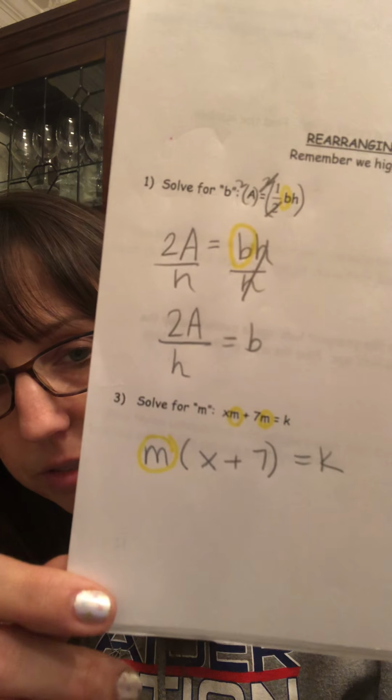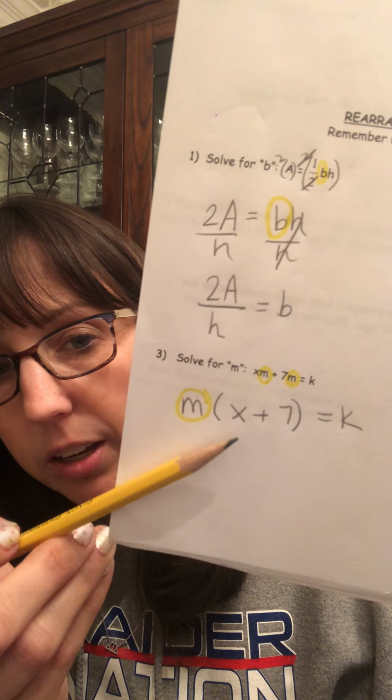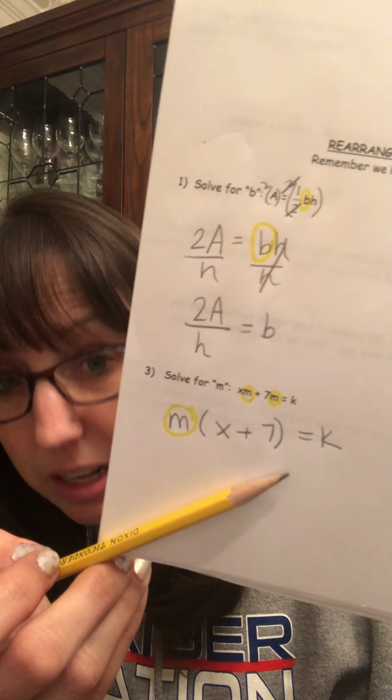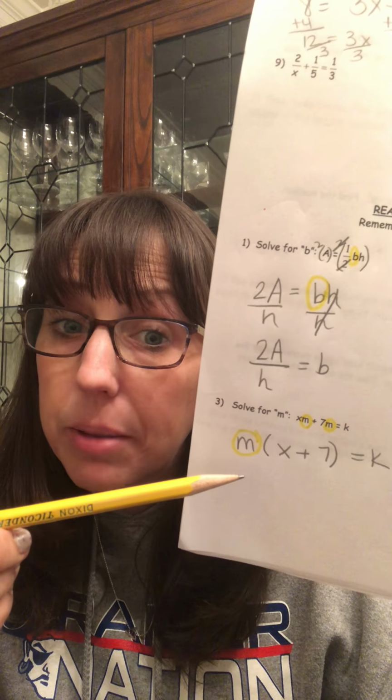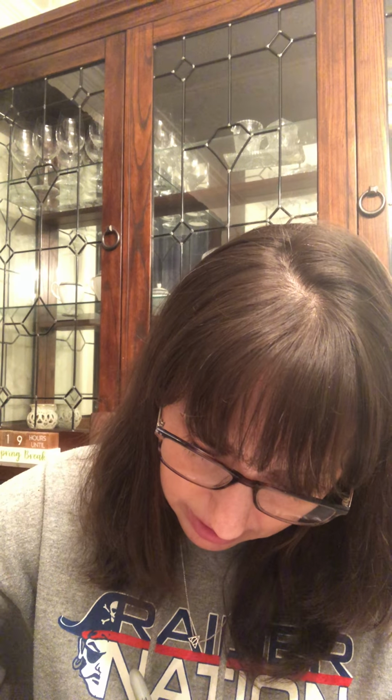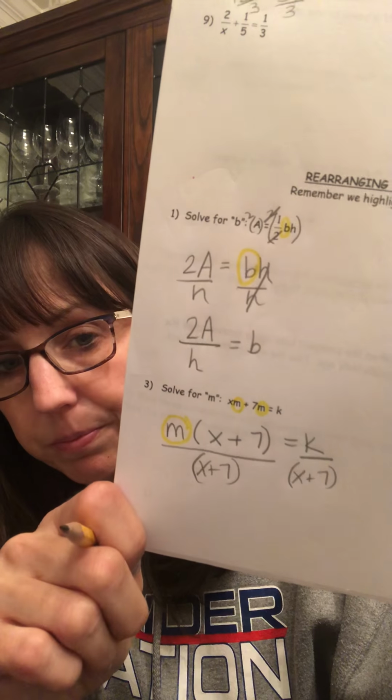So the next step, then we would take our highlighter and we would go through and highlight the letter, the variable that we wanted by itself. And then now look, I can take this whole set of parentheses and get it on the other side. I was multiplying and instead now, I'm gonna get that whole parentheses and divide it and put it on the other side.